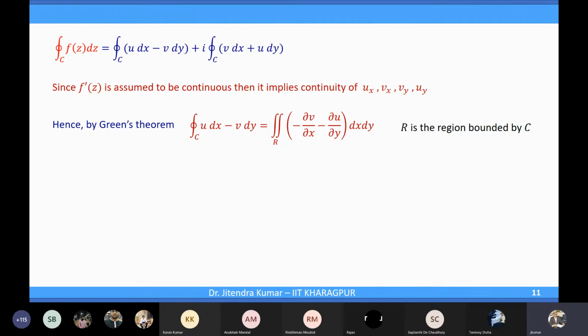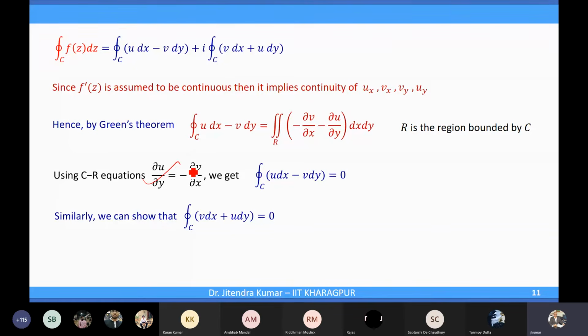So later on this was removed, and analyticity itself will give you the continuity of u_x, v_x, v_y, u_y. With that continuity, you apply Green's theorem, which converts the line integral to an area integral. The CR equation says that the integrand is 0, because the equality will make that 0. v_x equal to minus u_y will give that 0, and u_y equal to minus v_x will give this first integral 0.